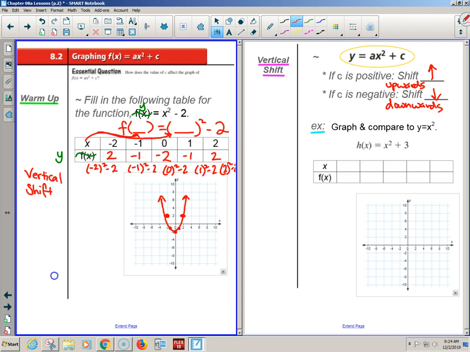Vertical means up, down. Do any of you guys ever keep track of your stats, like in PE and stuff? If you have a vertical, isn't that how high you can jump? Does anybody know their vertical? Okay. 1 foot. 1 foot? No. That's not even vertical. Well, it is. Good try. Volleyball players usually know their vertical because it's how high they can get up. Maybe basketball players don't really measure it. Volleyball players do.